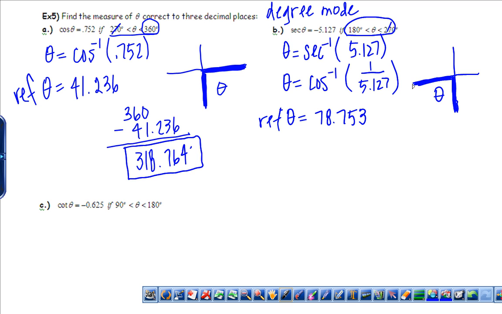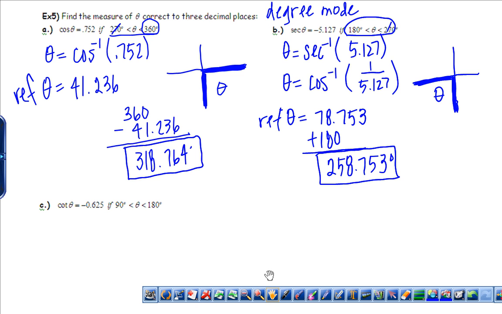You're always building off of your x. So that means that we need to use only the 180. And how can I use the 180? Well, I can add it to my reference angle and see what we get. That gives me my final answer of 258.753 degrees. That means this is what I graphed to get a reference angle of 78 degrees.